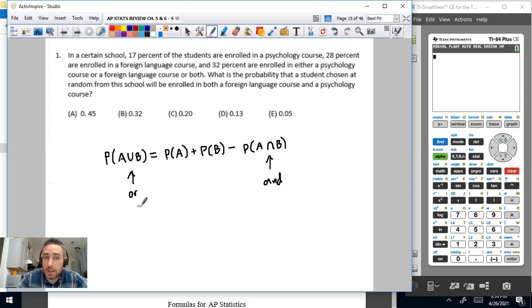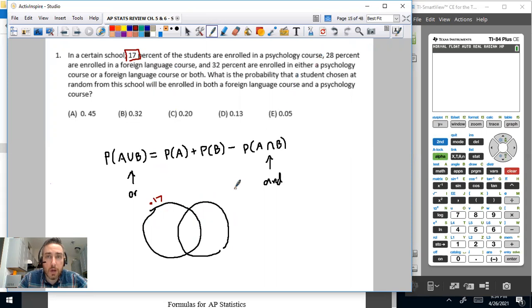If you haven't paused it yet, still try to do it on your own. You can also think of this as a Venn diagram. We have the individual percentages. 17% enrolled in a psychology course, so that's going to represent one circle.